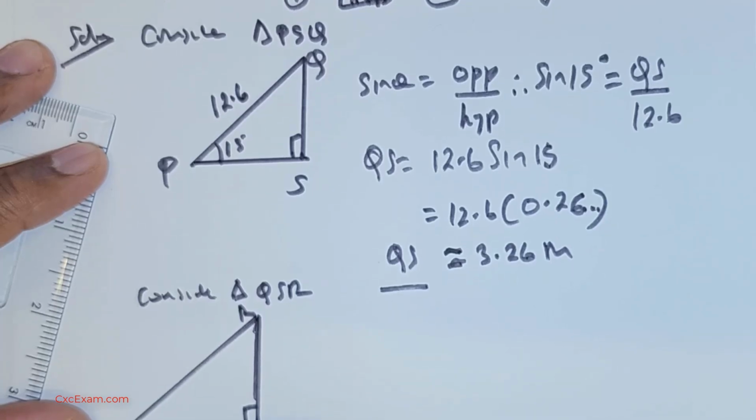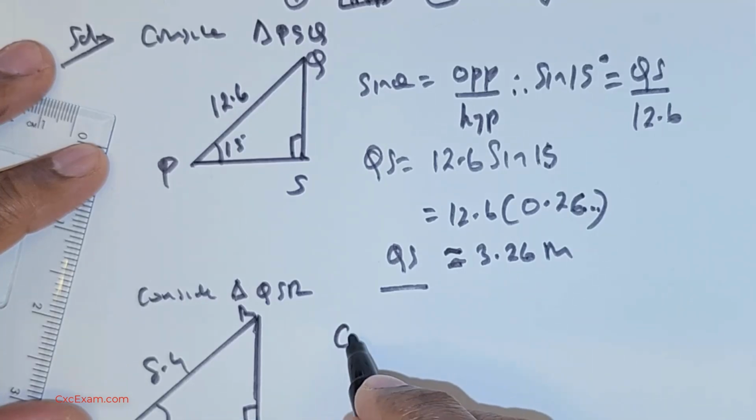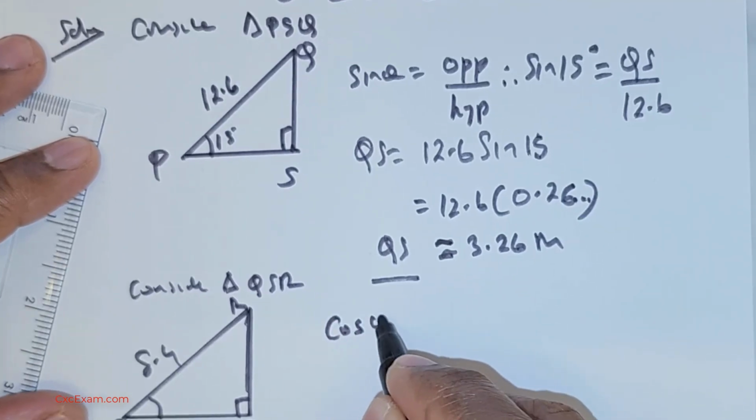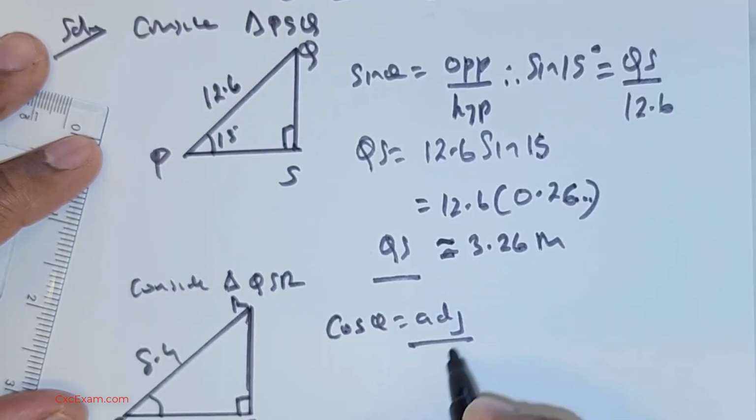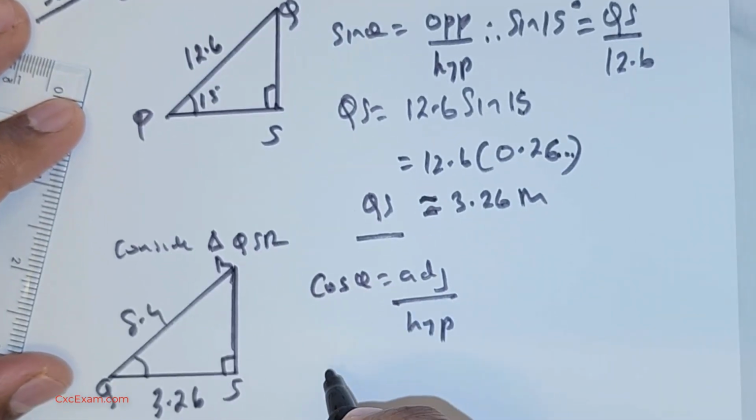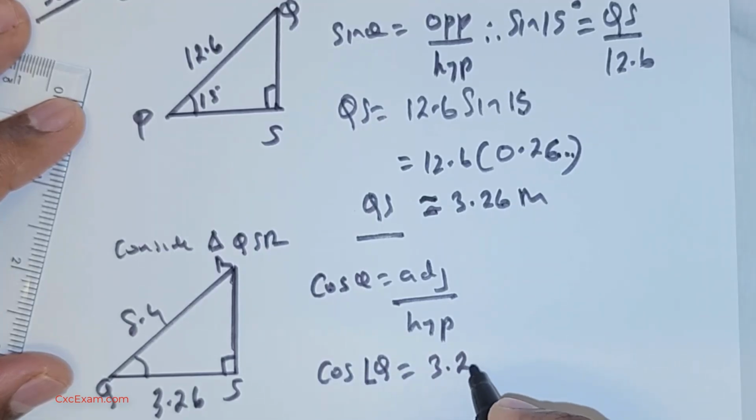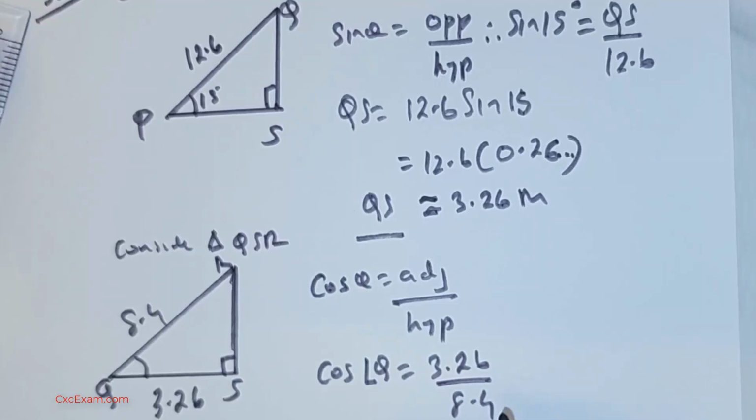So QS is got as 3.26, 8.4, and we need to get the angle at Q. So I'm going to use cos theta. So cos theta is adjacent side divided by hypotenuse. So cos of angle Q is 3.26 divided by 8.4.